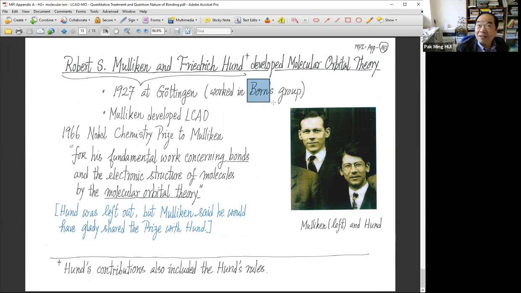Born was another exceptionally talented physicist, slightly older generation than Heisenberg, Schrödinger, and Dirac. Maybe same age as Schrödinger, but certainly maybe 12 or 13 years older than Heisenberg, Dirac, and Pauli. He actually supervised Heisenberg's first papers in quantum mechanics.